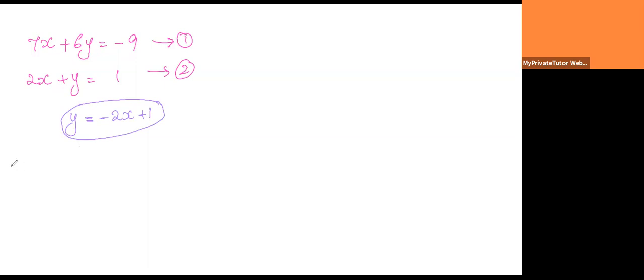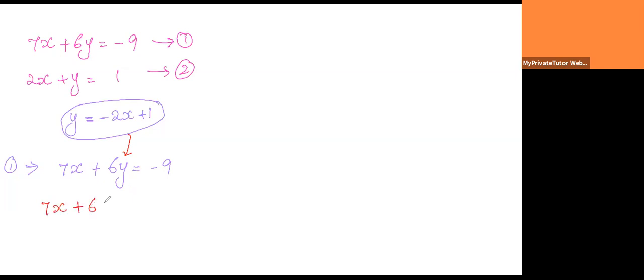Then write down the first equation, 7x plus 6y equals negative 9. And then please substitute. We already have the y value as minus 2x plus 1. Please replace this y with that. Can we do that? Yep.